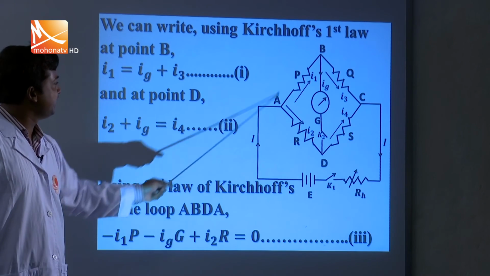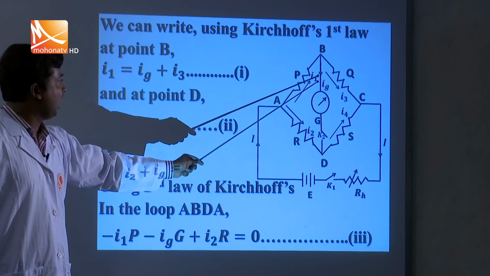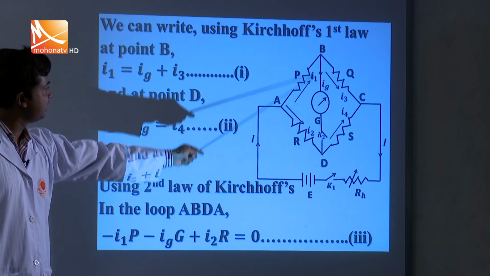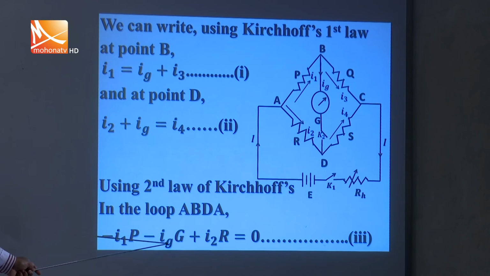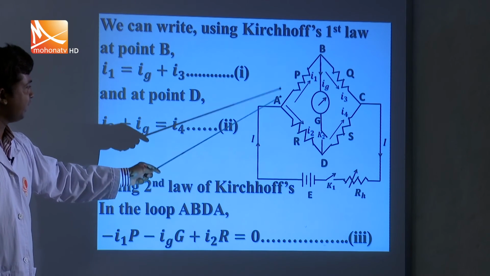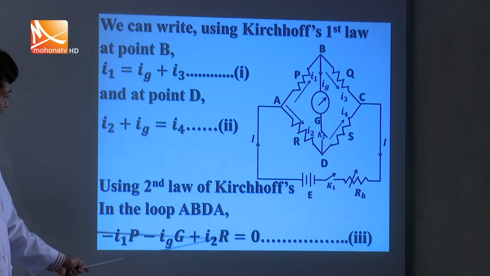Current A to B is in the clockwise direction, so this will be negative, the product of I1 and P. This will be negative, and this is IgG. This is also in the clockwise direction, so this will also be negative. But D to A is clockwise while the current indicates the opposite direction, so this will be plus I2 R. So, this is the clockwise rule application.